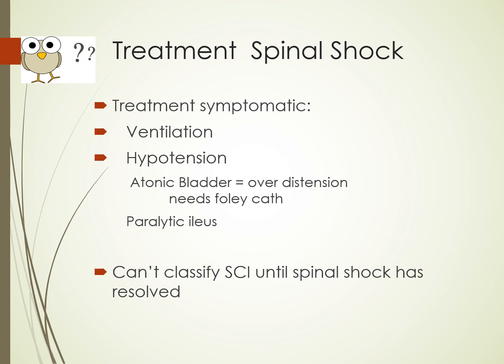They will have an atonic bladder, and it will become overdistended, as they have no control over the sphincter release, so the bladder will just keep filling. So they definitely need a Foley cath. They may have a paralytic ileus too, so we'll have to place an NG tube for that, Salem sump to suction. And as I mentioned, you can't classify this until this spinal shock has resolved.